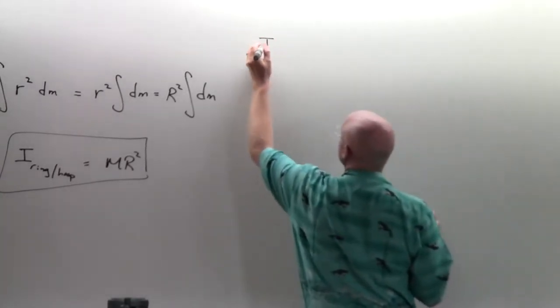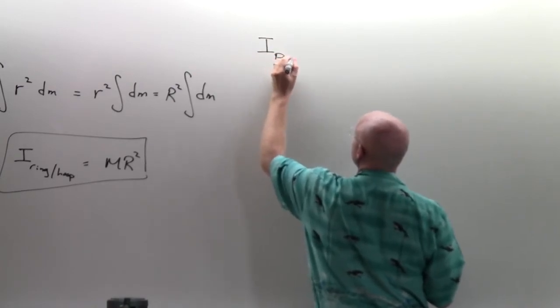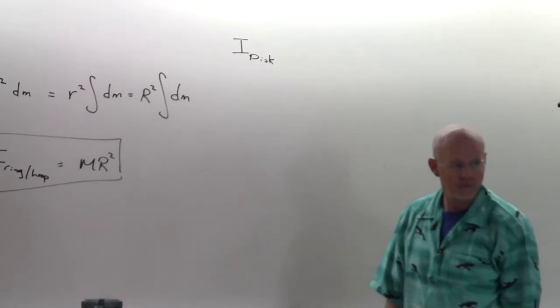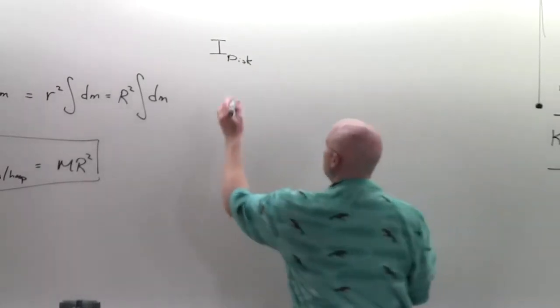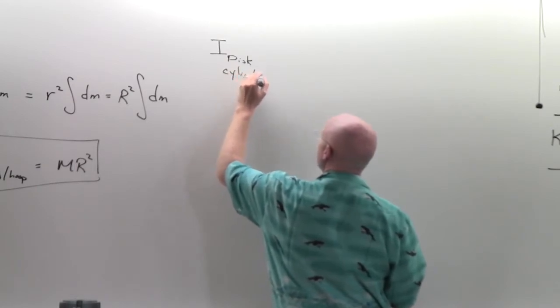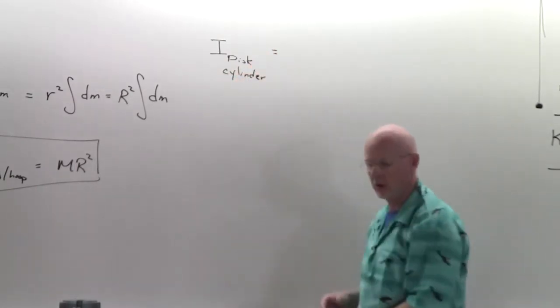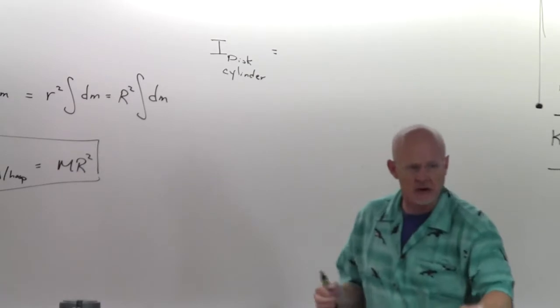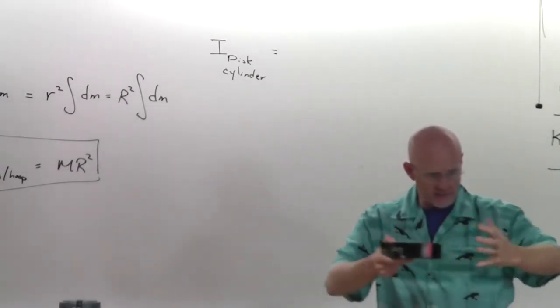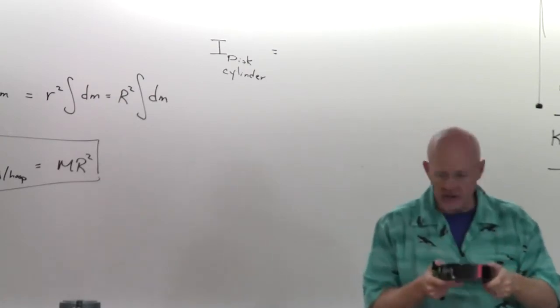But what about the disk? Or, if you like, I could even call it a cylinder. Usually things that are this shape, we call them a disk. If they tend to be kind of short and fat, they're a disk.